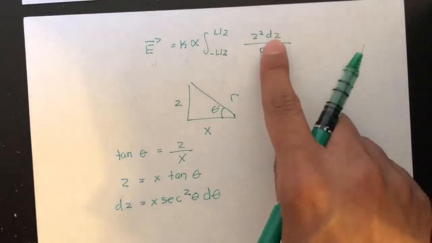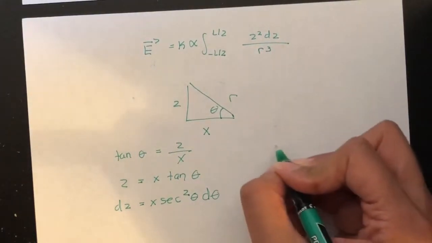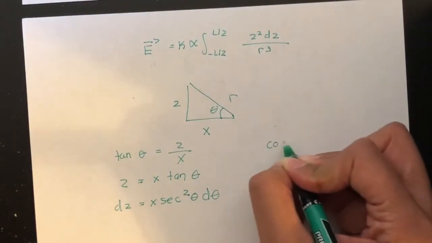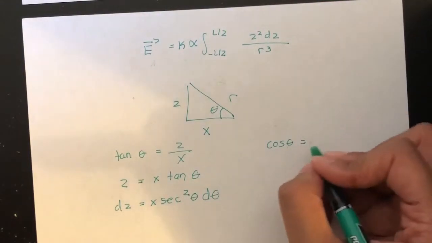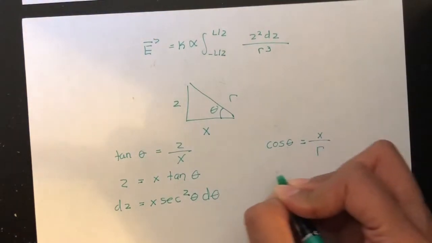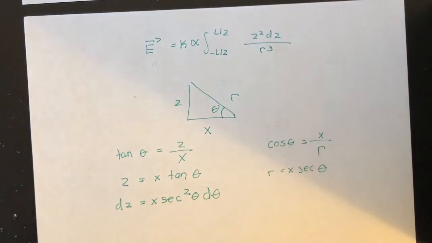So that's going to be substituted in for z squared and then dz. Then for r cubed, cosine theta is equal to adjacent over hypotenuse, so x over r, and that's r equals x secant theta.